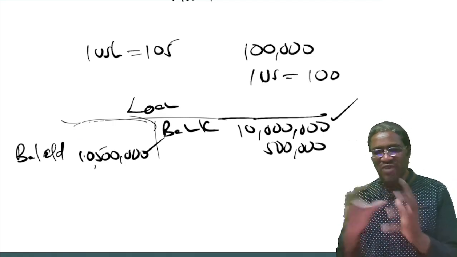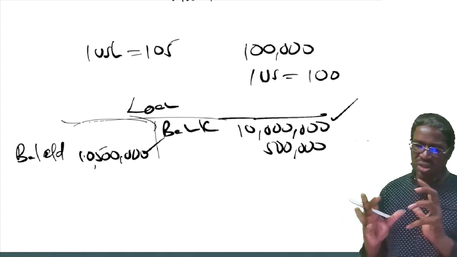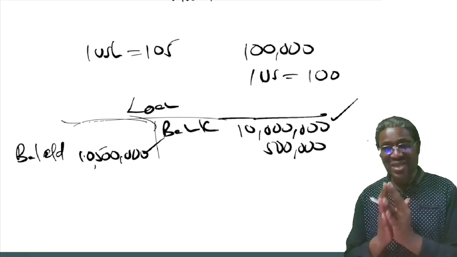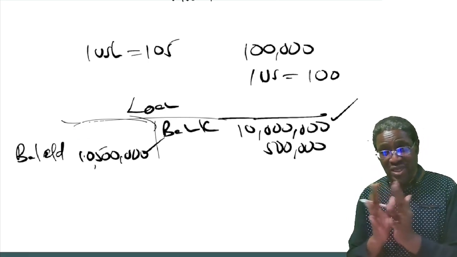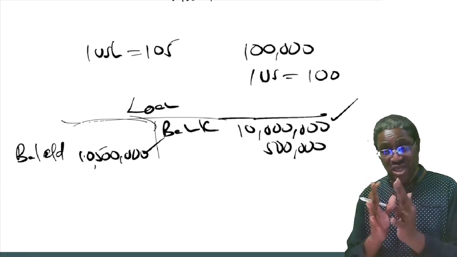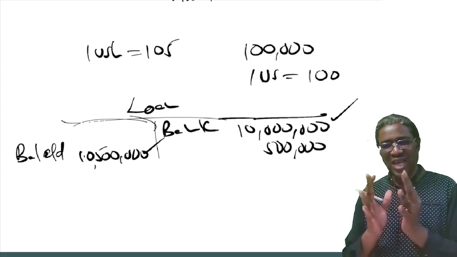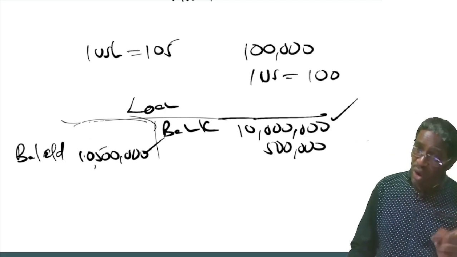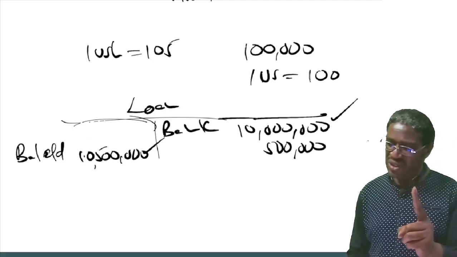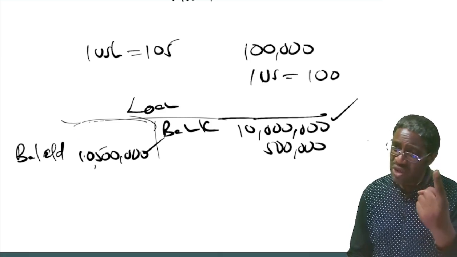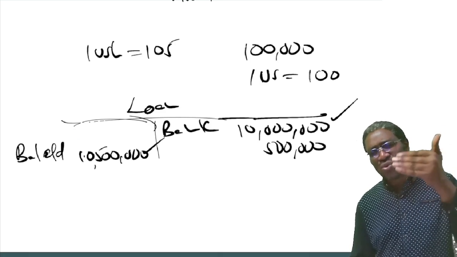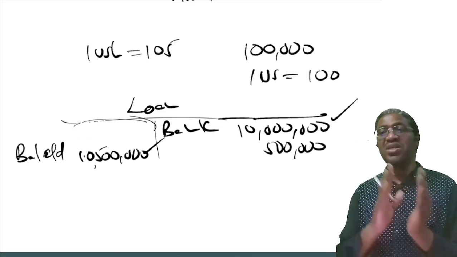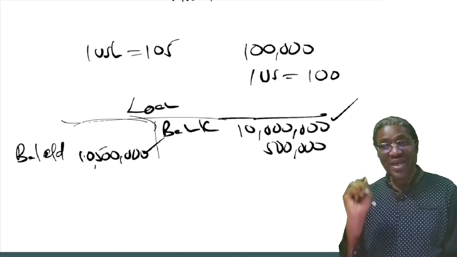Now listen. That 500,000, which is a gain or loss, we call the exchange difference. That exchange difference is a gain or it may be a loss. There are some exchange differences whose rule requires you to take the gain to the P&L, or profit and loss. There are some exchange differences where the rule does not require you to take it to the P&L account, yet it's a gain.